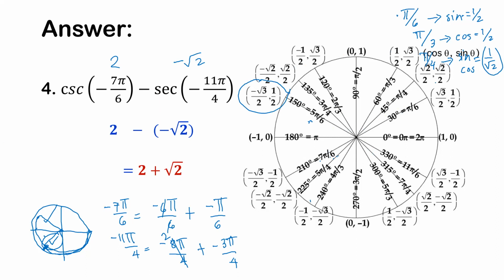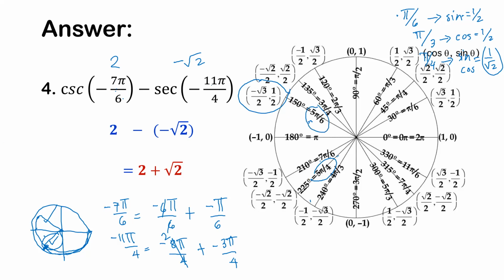Also, the 11 pi over 4, no? Lampas siya. So, it's coterminal with the what? With the 5 pi over 4. Diba? Pag negative 11, kinuha mo yung absolute value, inadd mo si 5 pi over 4, the sum is 16 pi over 4. So, sila yung coterminal. As well as negative 7 pi over 6 and 5 pi over 6, sila yung coterminal.